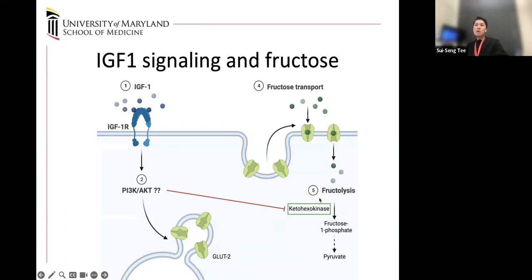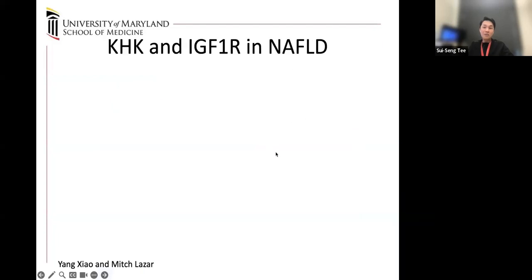So I think now we have a handle on how growth factors control fructose metabolism as well, which I personally think is pretty exciting.